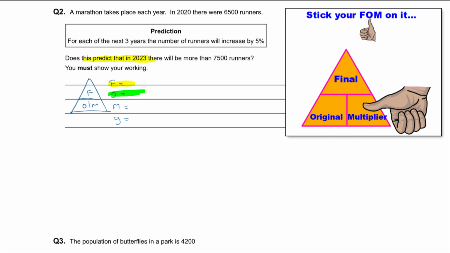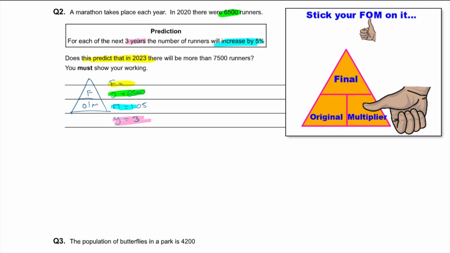The original is the 6,500 runners that we had to start with. The multiplier is going to be the 5% increase, which as a multiplier, 100% plus 5% is 105%, and that as a multiplier is 1.05, and the number of years in this case is going to be 3.